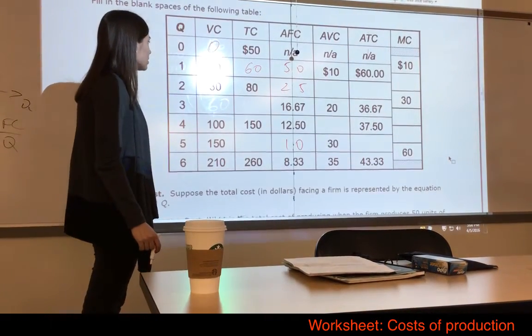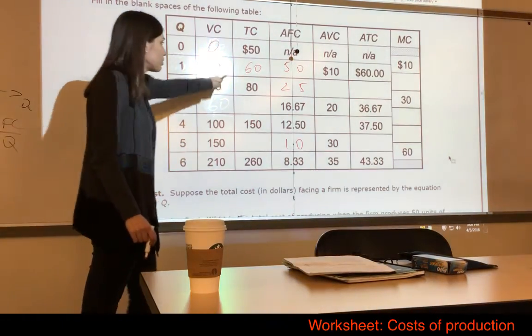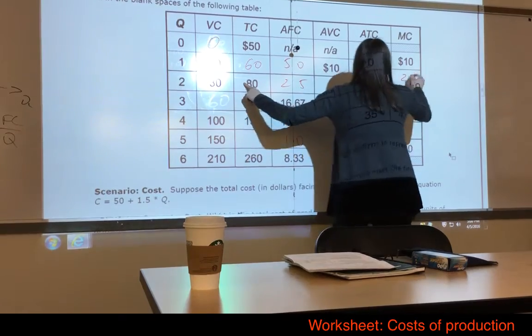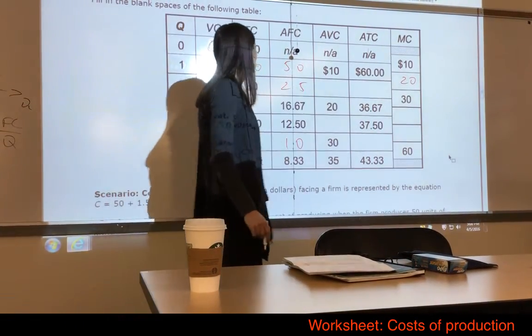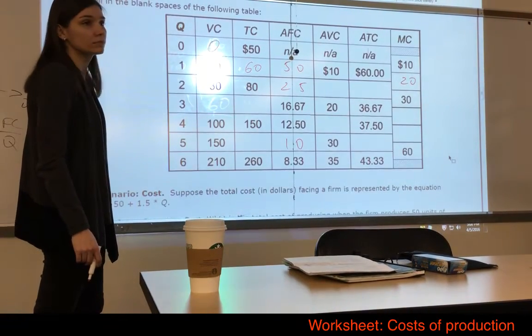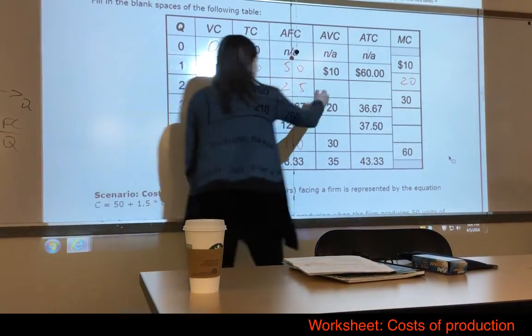Alright, next one. What is the marginal cost of the second unit? 20, right? Because total increased from 60 to 80. So it's 20. What else is there? What is average variable cost here? 15.